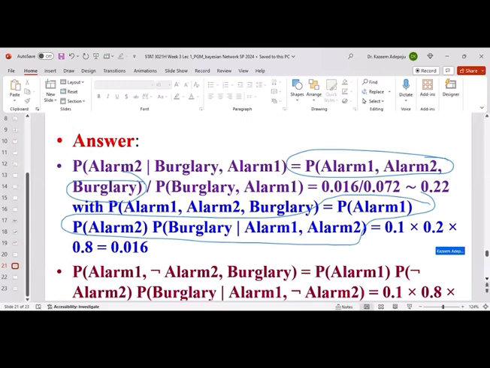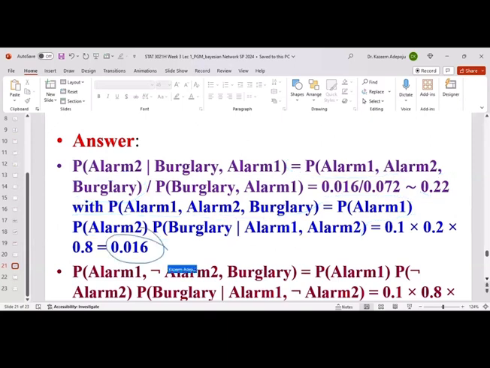Because I want to find the probability of the joint occurrence of all three, I look at the structure and write it out. Don't forget, you're given probability of alarm 1 to be 0.1, alarm 2 to be 0.2, and the probability of the burglary given alarm 1, alarm 2 to be 0.8. If you multiply that, this is what you get.